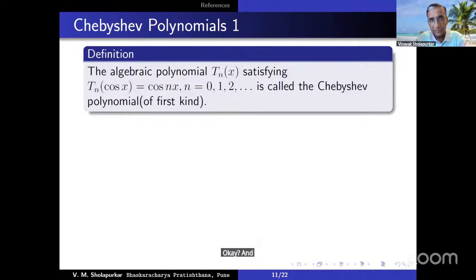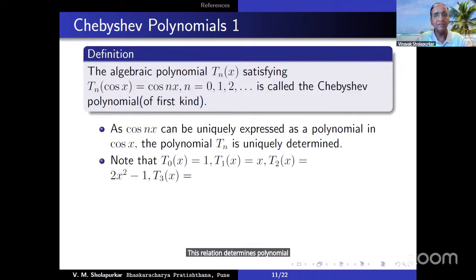And this relation determines the polynomial. That is also clear. See, T0 is 1. Is this clear? T0(cos x) is cos 0x, which is 1, so T0 has to be 1. T1(x) is x, because T1(cos x) you want to be cos x.